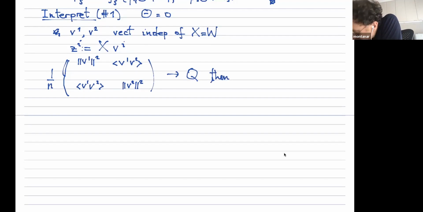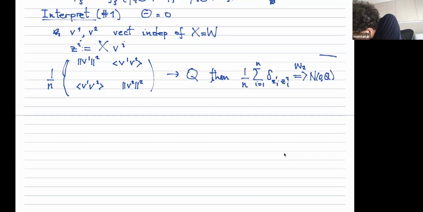is that the empirical distribution of these two vectors z1 and z2, this is a very simple exercise, just a first class probability exercise, converges, for instance, in W2 to a Gaussian with some covariance.